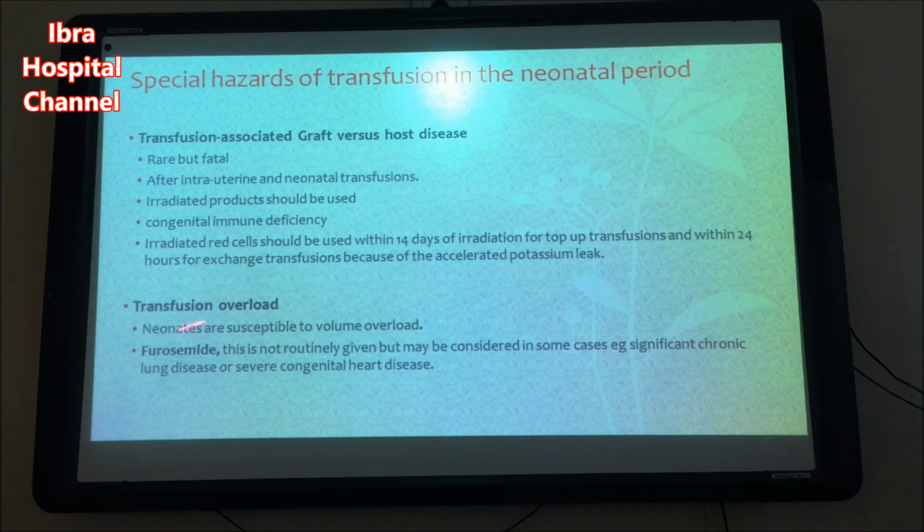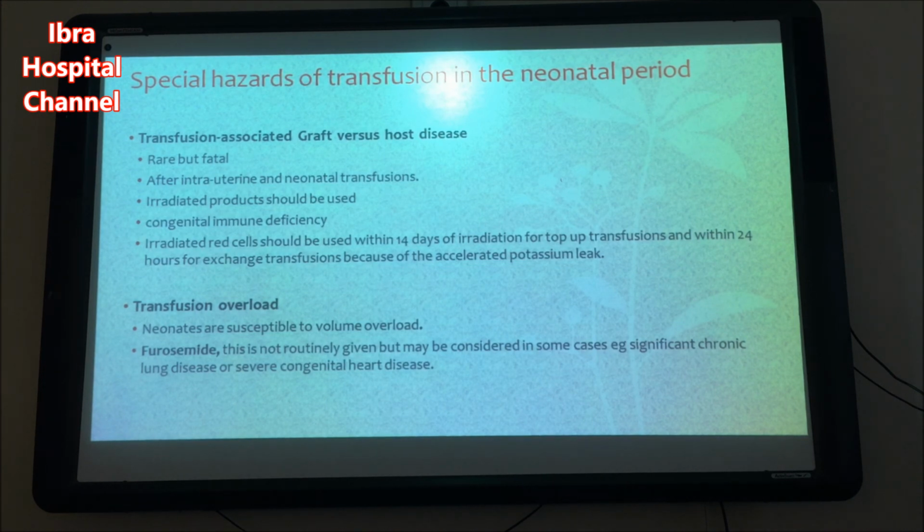Transfusion overload is also a very important aspect you have to keep in mind when you are considering patient safety in pediatric situations. That's why I thought pediatrics needs its own discussion. So transfusion overload is very easy. You just calculate, this child's hemoglobin today is, I don't know, 7 or 6.